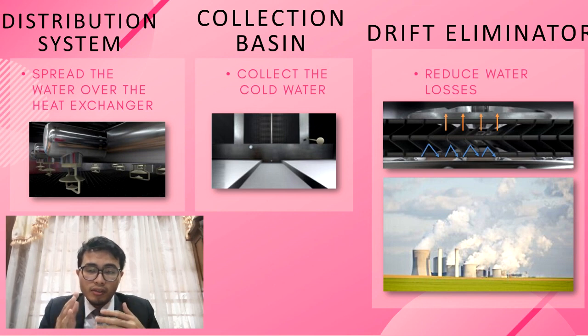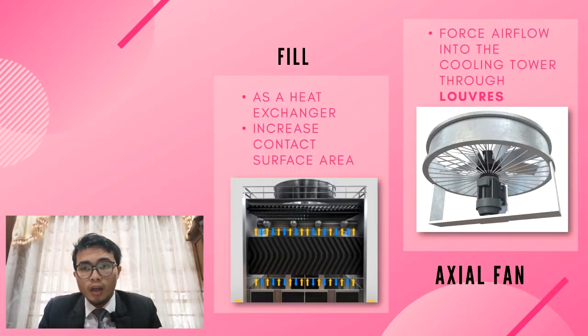As it reaches the drift eliminator, the hot air will pass through, but the heavy water will touch the drift eliminator panel, condense and drop back onto the collection basin in liquid form.